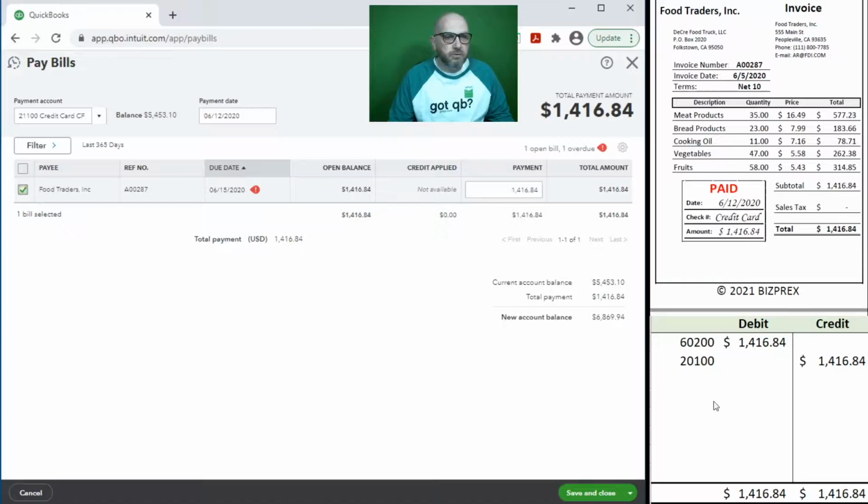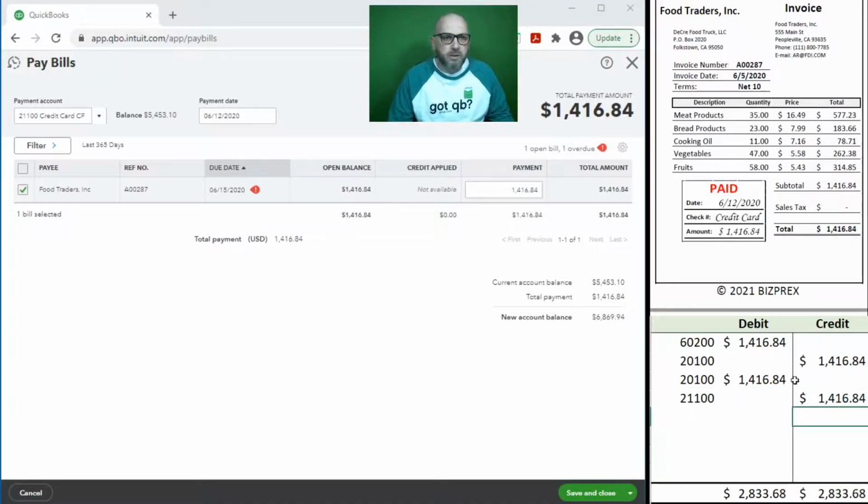Okay, so here we are. Once we book it, what's going to happen, right? Well, we already touched the expense account, so it will not be affected by this new entry. But what will happen is our accounts payable will go down. That liability will be reduced, so this will be kind of a wash. And our credit card liability will go up.